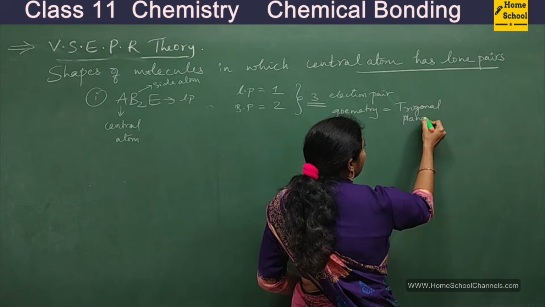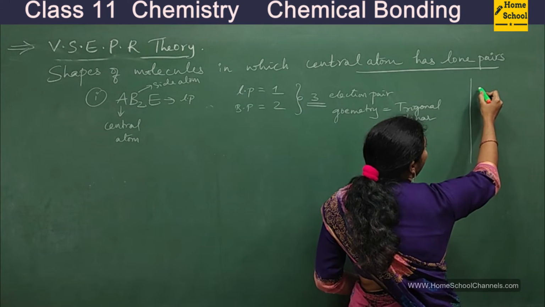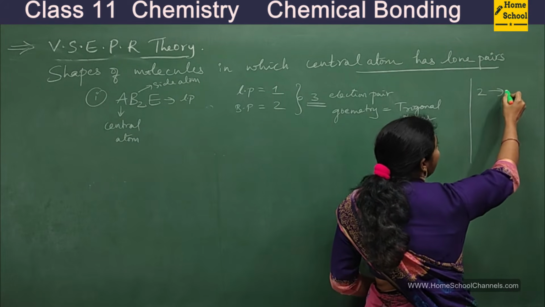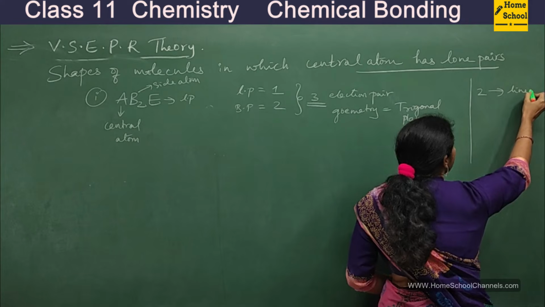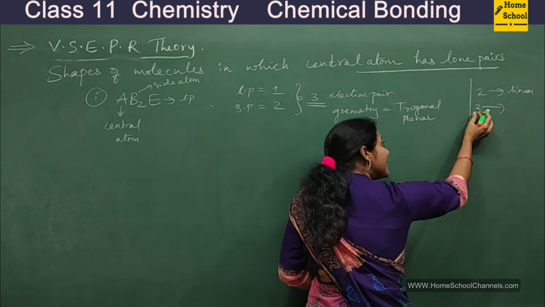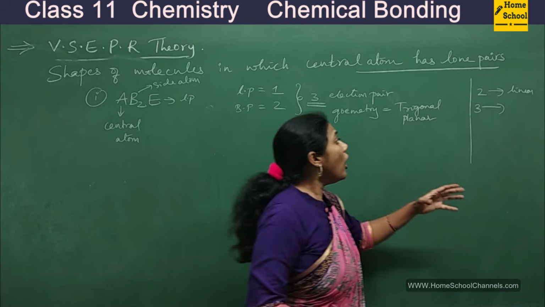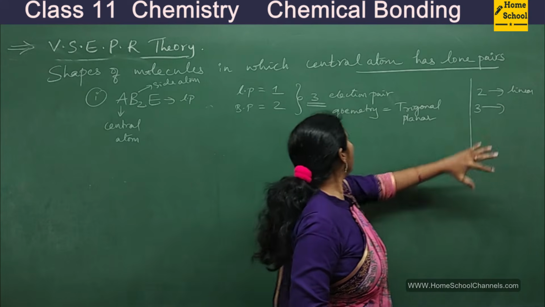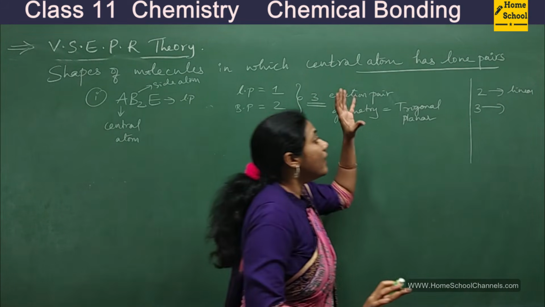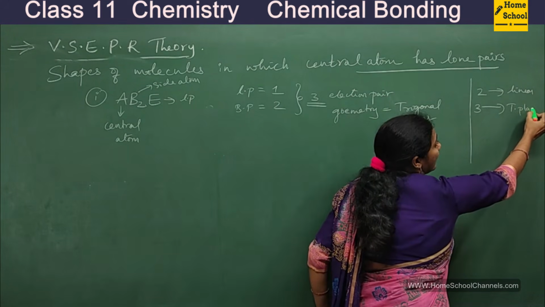Always remember, whenever you have 2 electron pairs, the geometry is linear. Whenever you have 3 electron pairs, you may have only 3 bond pairs around the central atom with 0 lone pairs, or lone pair plus bond pairs together you may have 3. Then the geometry is always trigonal planar.